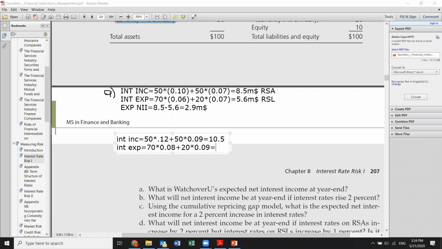So if you multiply this, we should have 70 times 8 plus 20 times 7. 7.4 million. And net interest income will be 10.5 minus 7.4 equals 3.1.